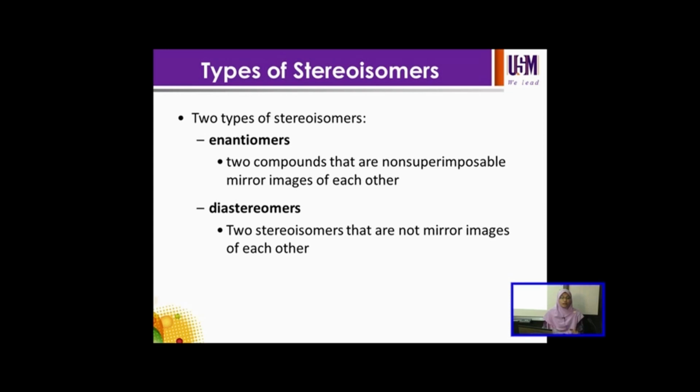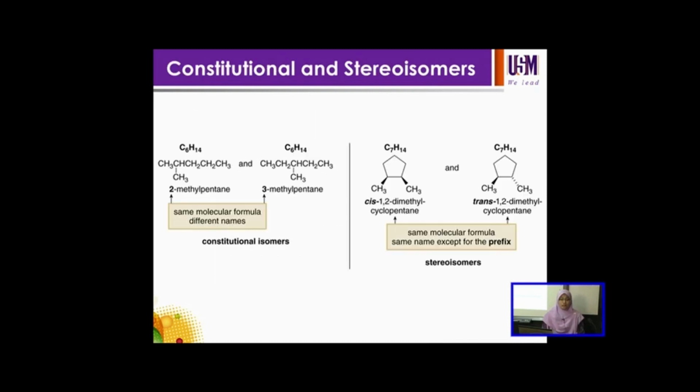Under the diastereomers, we also have the geometric isomers, which are the cis-trans isomers. In a later video, we will discuss more on what non-superimposable and superimposable mirror images are.